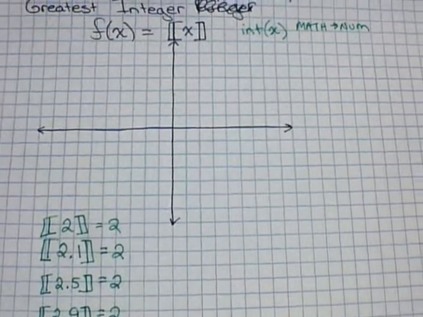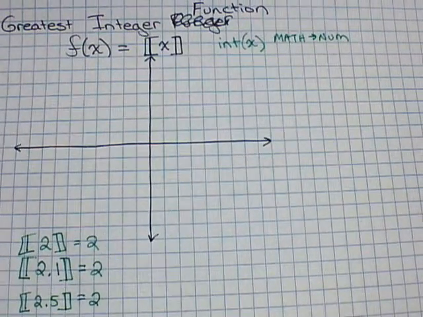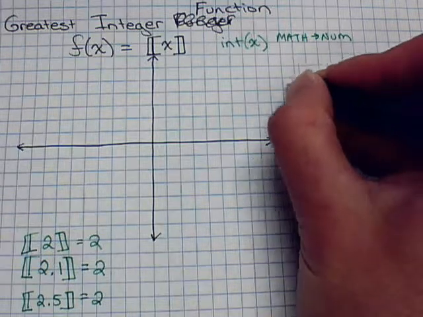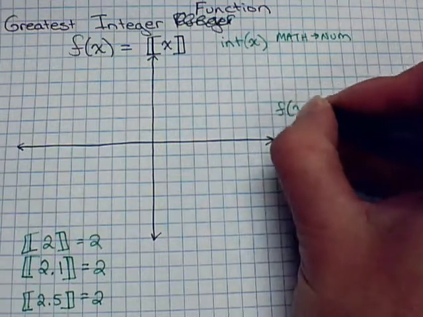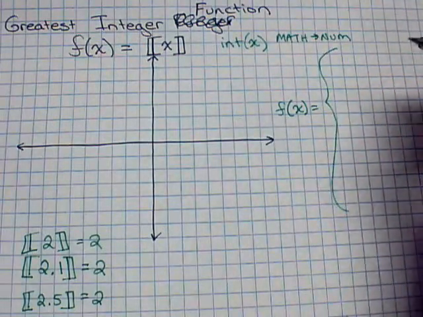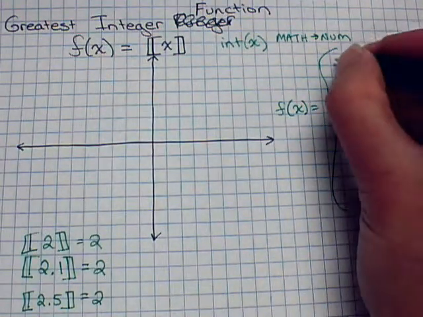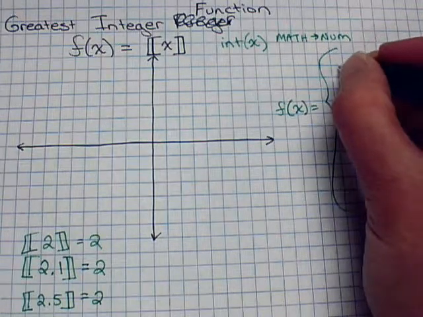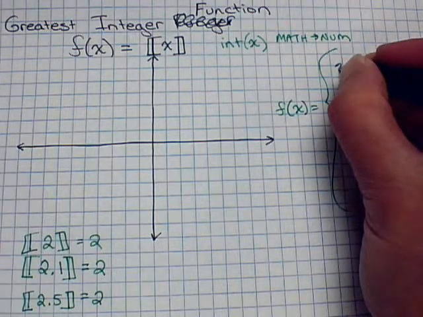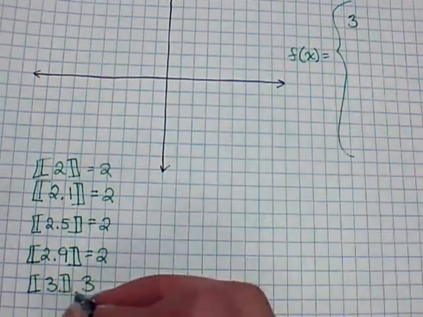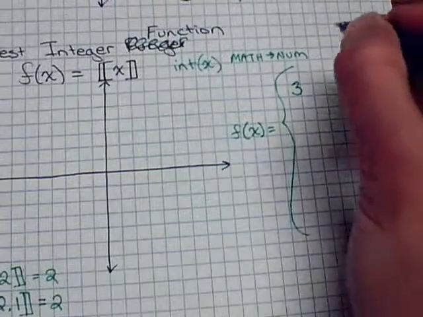So if I were to write it maybe as a piecewise function, and just for part of it, let's do, heck, let's start at 3. We just figured out that when x is 3, my y value or my output is going to be 3.